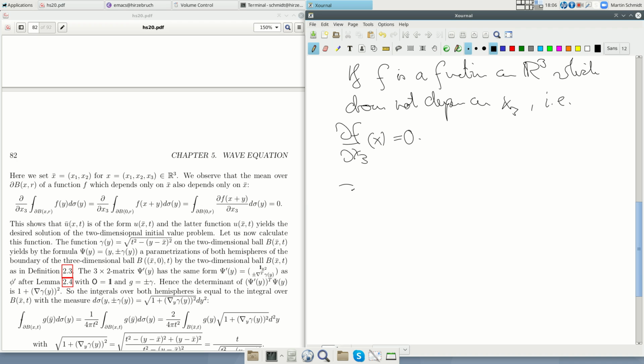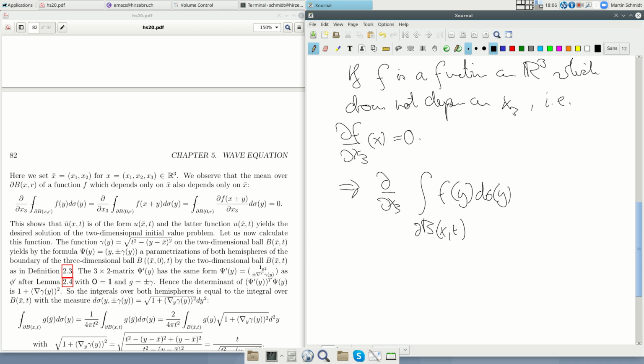Let's calculate d by dx3 of the mean integral over the boundary of the ball with radius r around x of f of y d sigma of y.